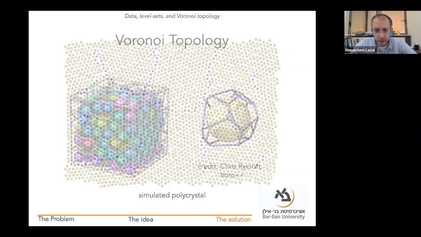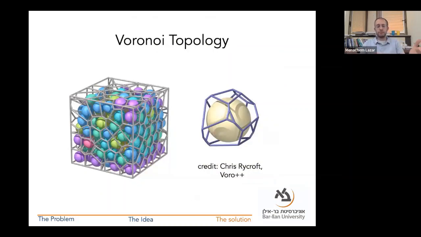I said I'd show some 3-dimensional pictures. So here is a 3-dimensional system, and the Voronoi cells are 3-dimensional polyhedra instead of polygons, which makes sense. But here, actually characterizing the Voronoi cells, or what I call the topology of the cells, is a little bit more delicate.